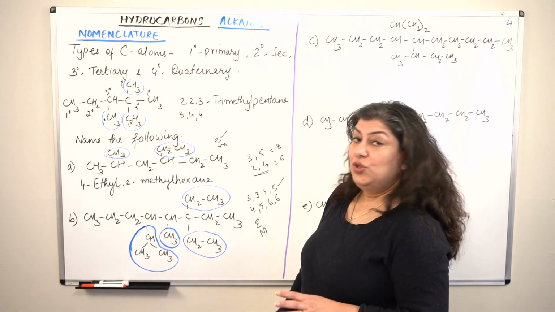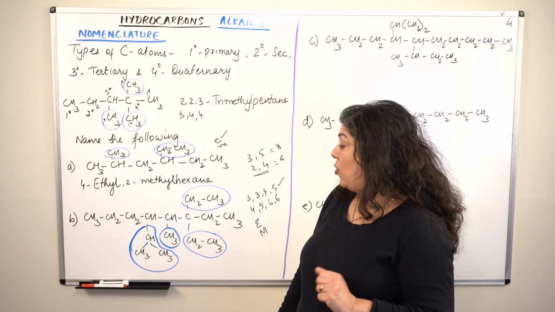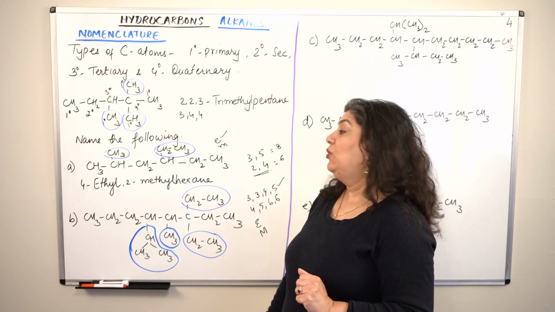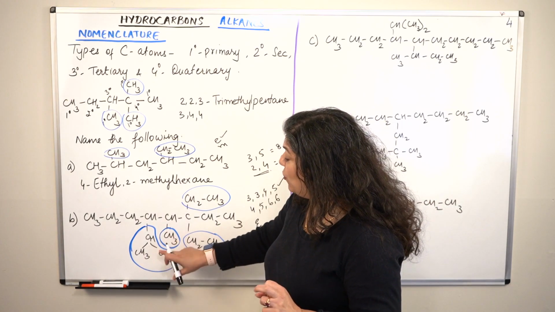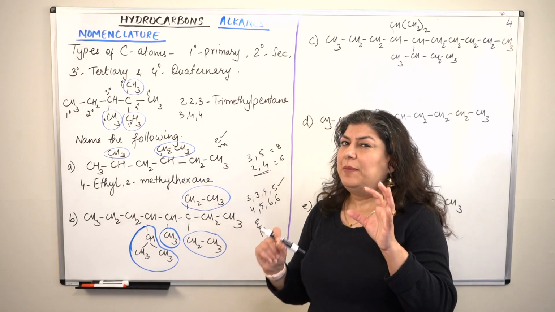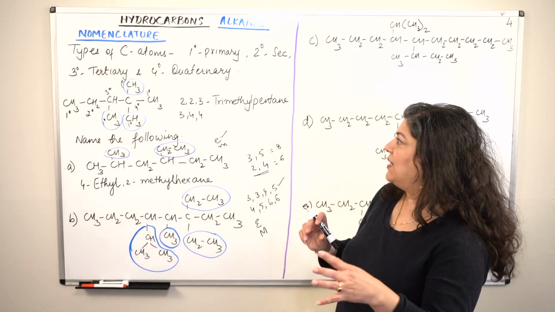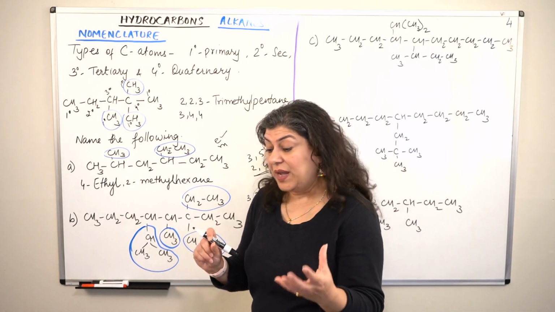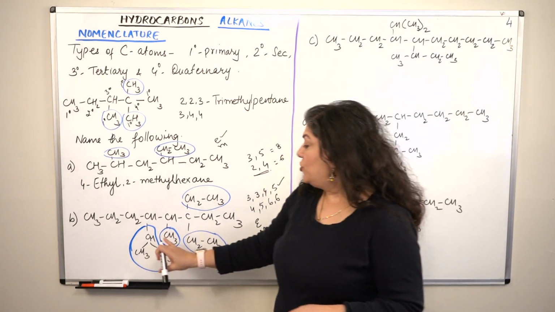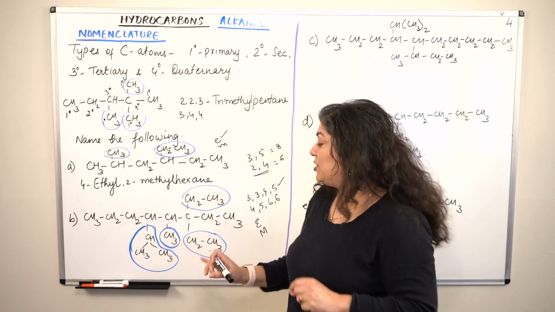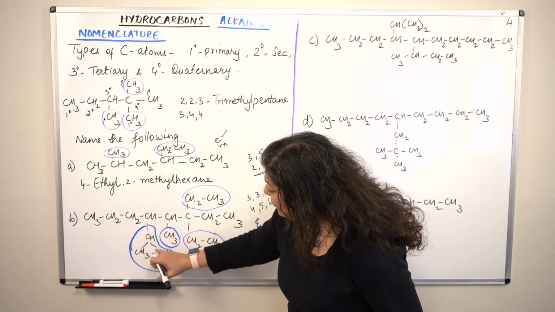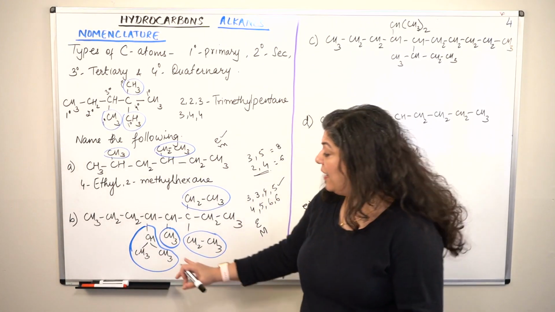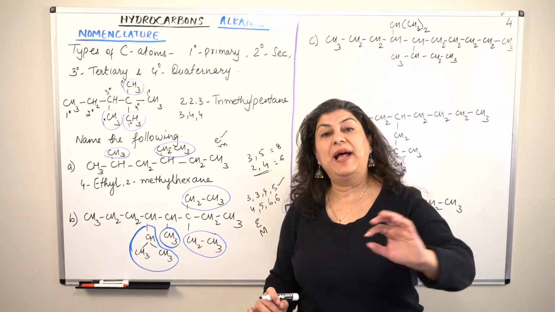So either you will call it a secondary propyl group, or you will call it an isopropyl group, or, if you go strictly by IUPAC nomenclature, because both secondary and iso are common names, then I will take one of these as the parent chain, and I will take one of the methyl groups as a branch.